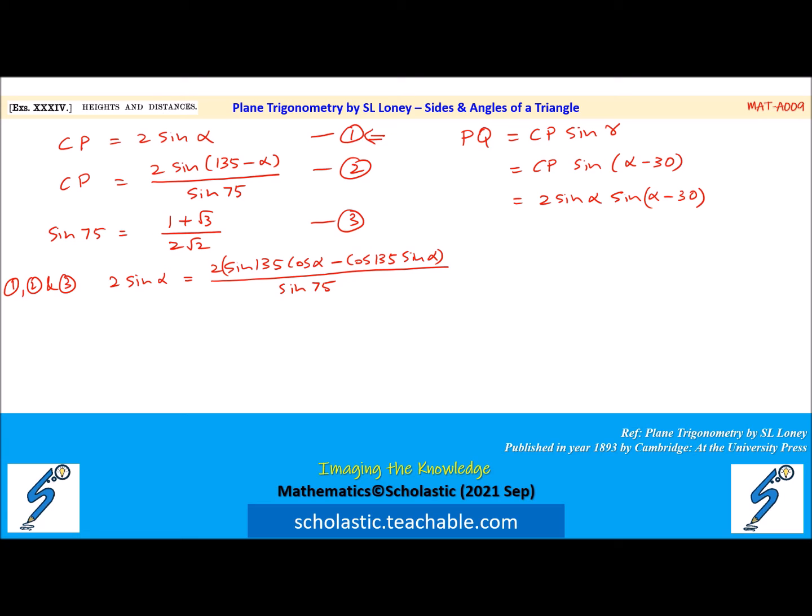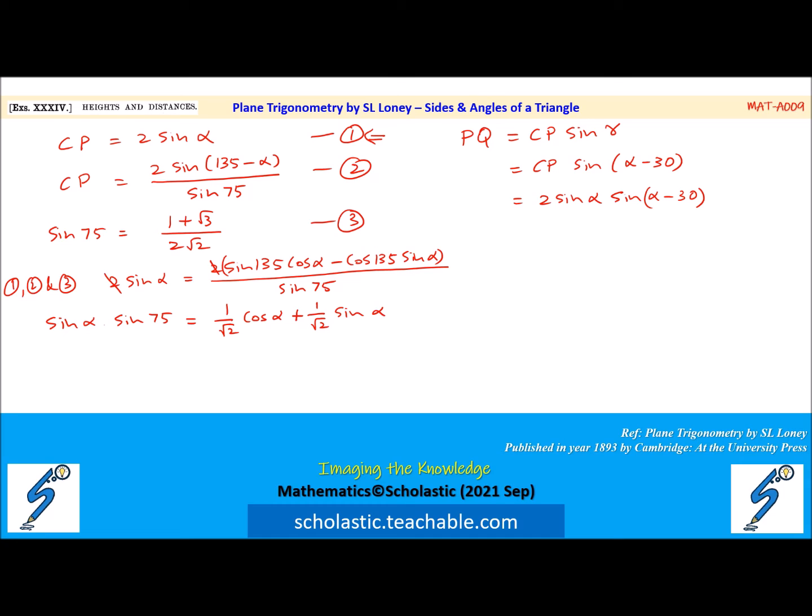So here we can either take sine 75 to the other side, and actually this 2 will cancel off. So we have sine alpha times sine 75 is equal to sine 135, equal to 1 over root 2 times cos alpha minus cos 135, which means minus 1 over root 2, therefore this will become plus 1 over root 2 sine alpha.